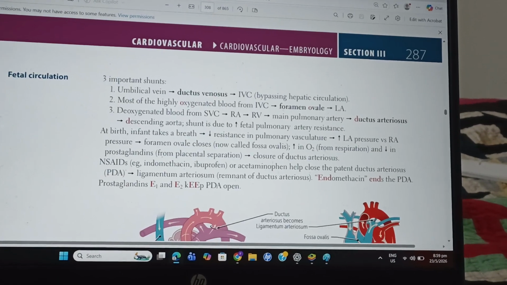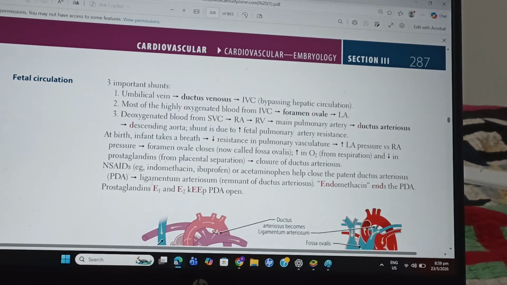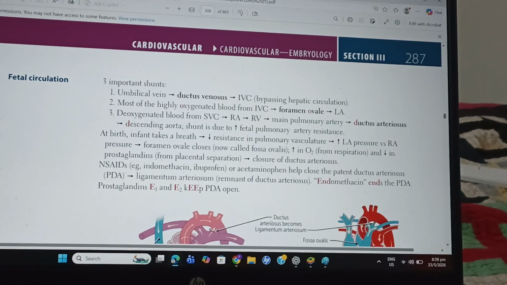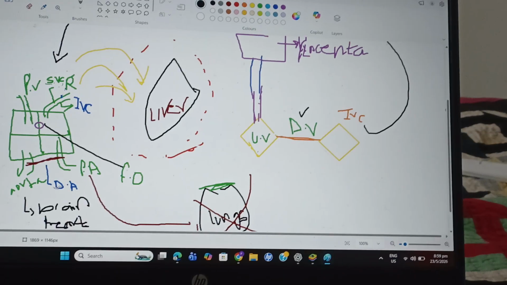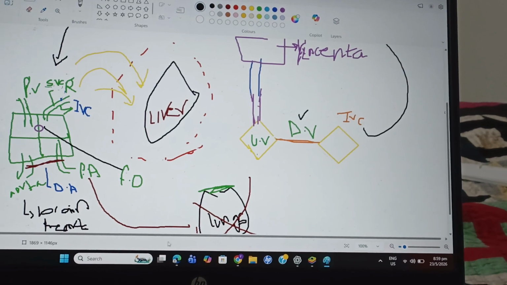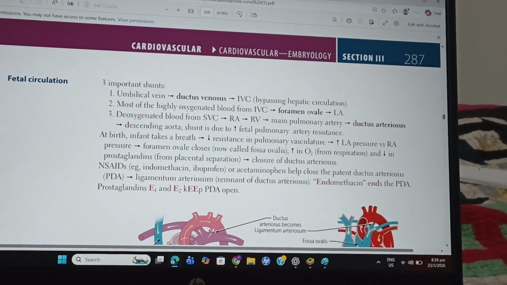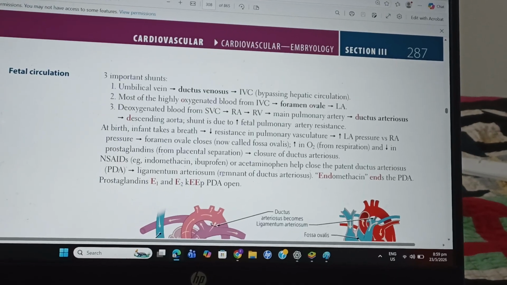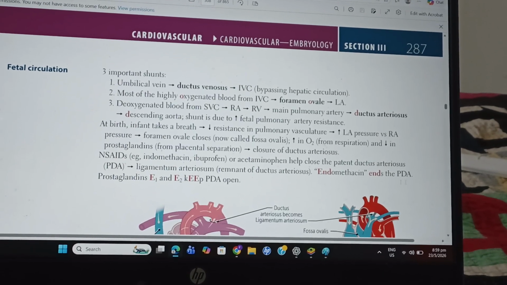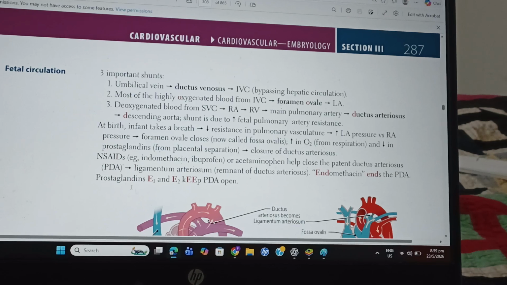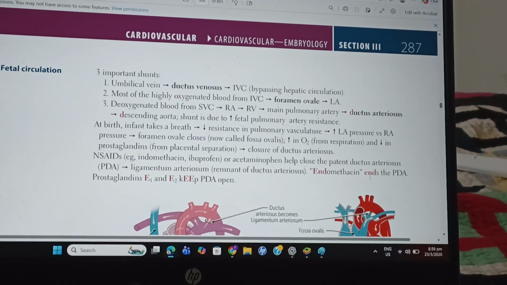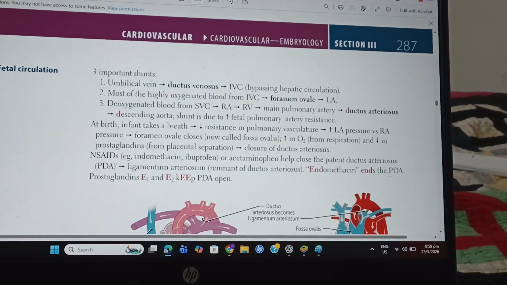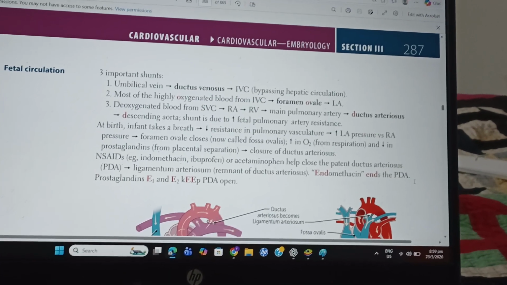Okay, now we're going to move forward. When the ductus arteriosus gets closed, the remnant will be there, which is called ligamentum arteriosum. Here it has been given so that we remember it: indomethacin ends the PDA, patent ductus arteriosus.